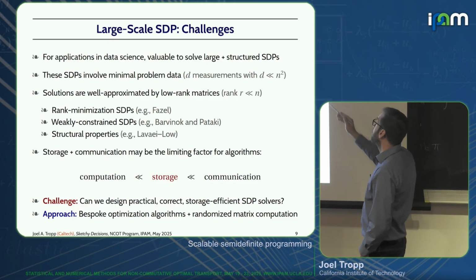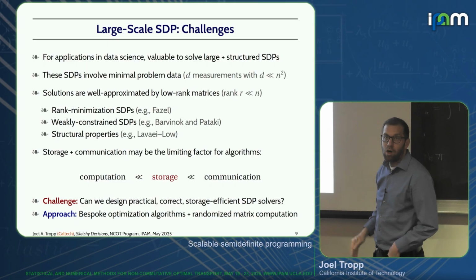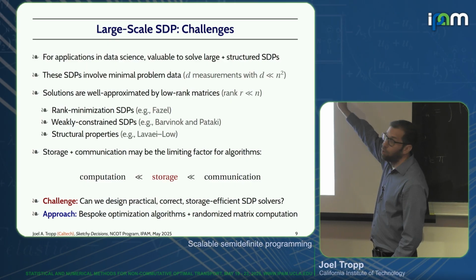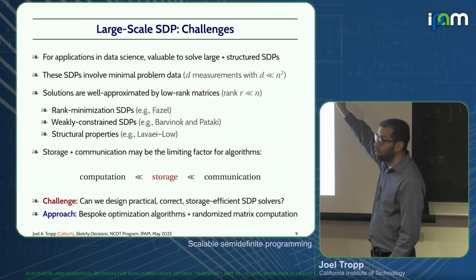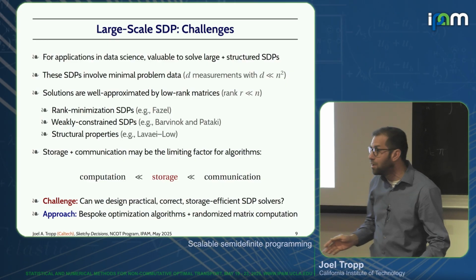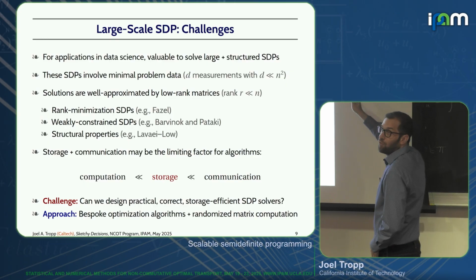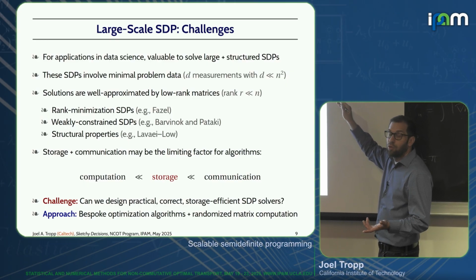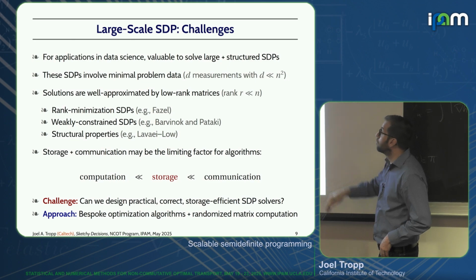And indeed, in many applications, the number of measurements is a lot smaller than the number of entries in the matrix variable in the SDP. Okay? And that was the case in the ptychography problem. We had 180,000 measurements, and we had 655 million degrees of freedom. Okay? So there's 3 orders of magnitude difference between these numbers.